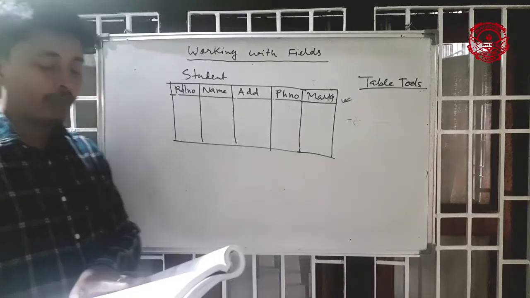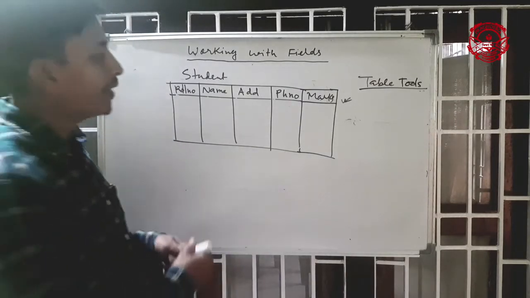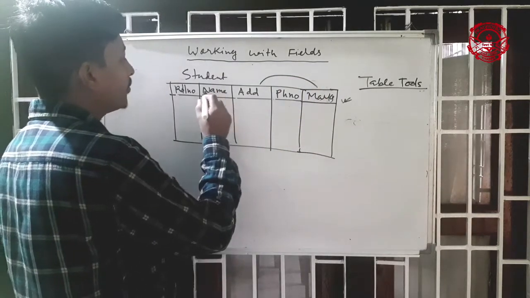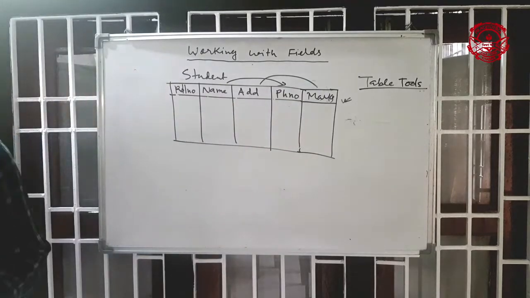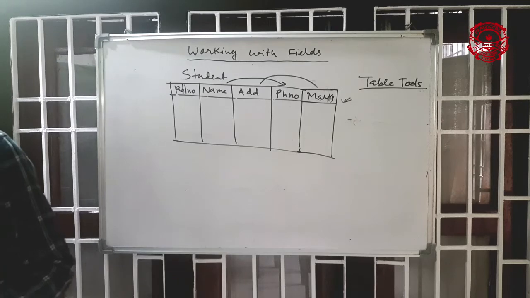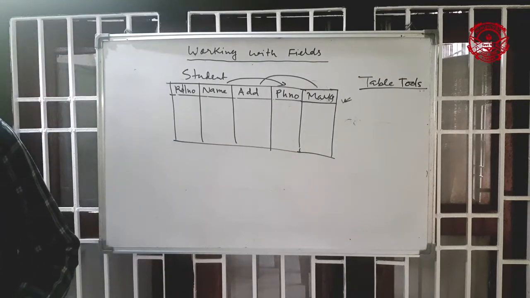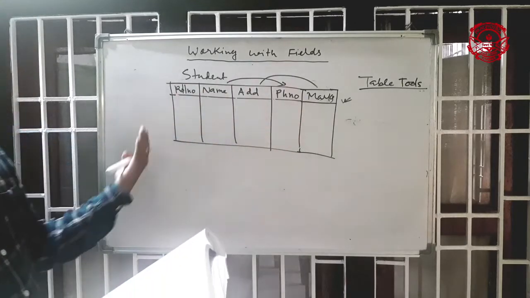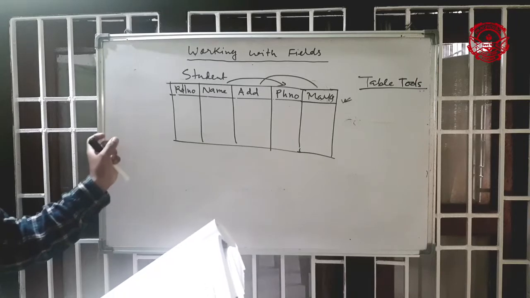Okay. Now move a field. Move a field means what? You can move a field from here to here, or you can move the name from here to here. It's called move a field. Means what? You can drag it to the left, to the right, or right to the left, by dragging with the mouse button.